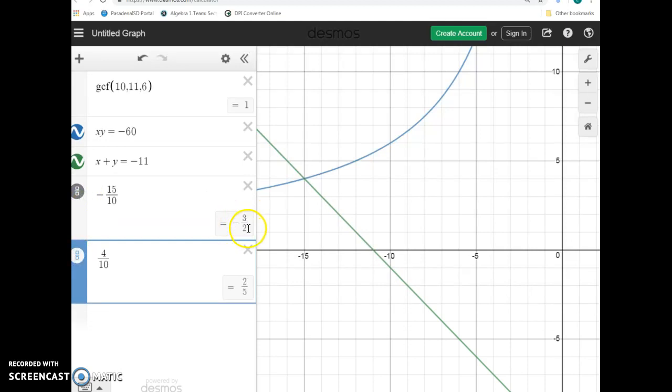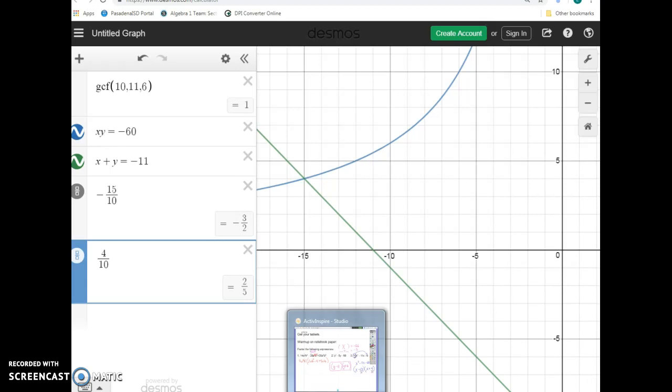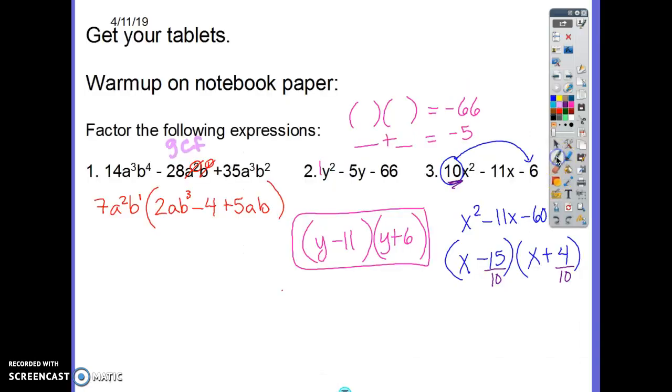So it's a negative 3/2 and a positive 2/5. So we write that down again, rewrite the whole thing. So it's x minus 3/2 and x plus 2/5.